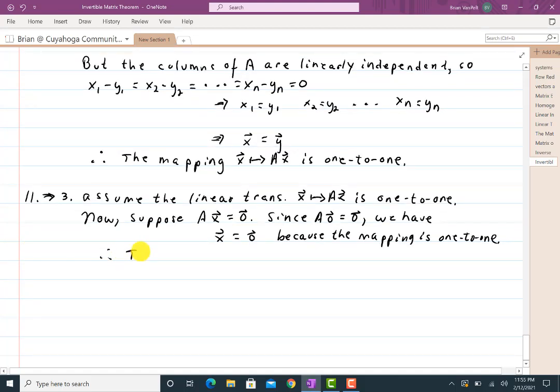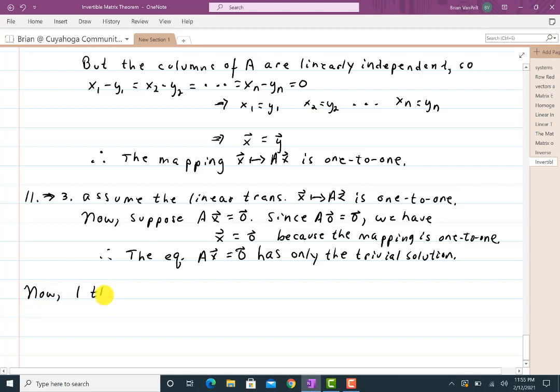Therefore, the equation AX equals 0 has only the trivial solution. So now 1 through 11 are all equivalent.